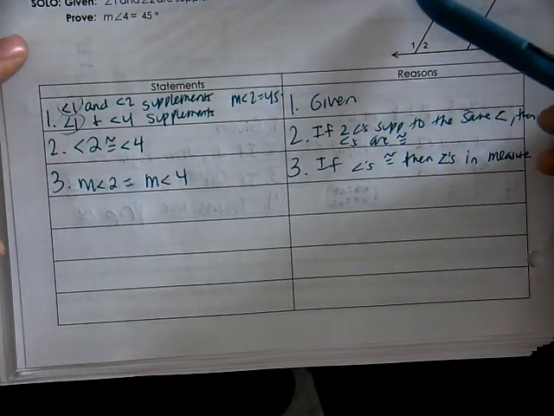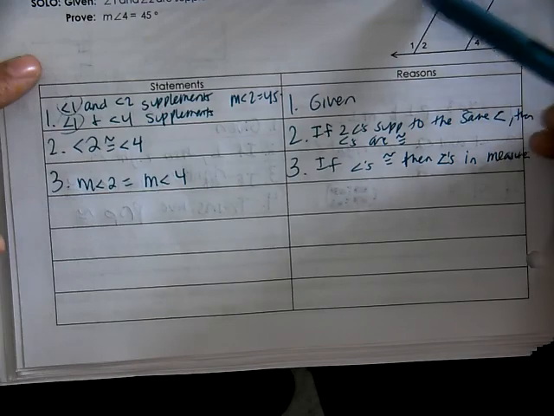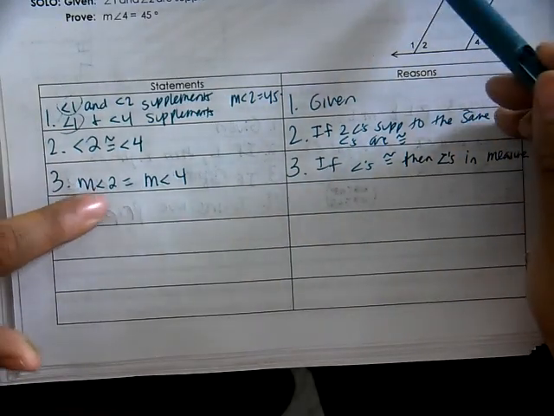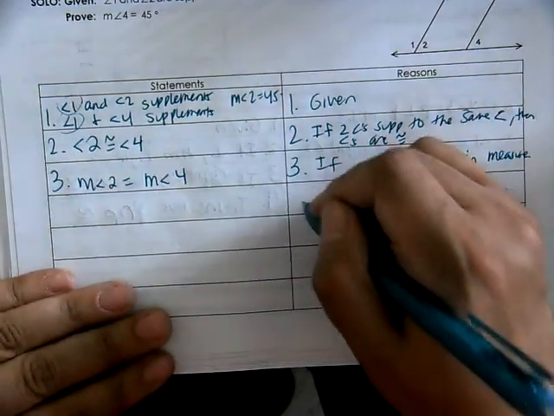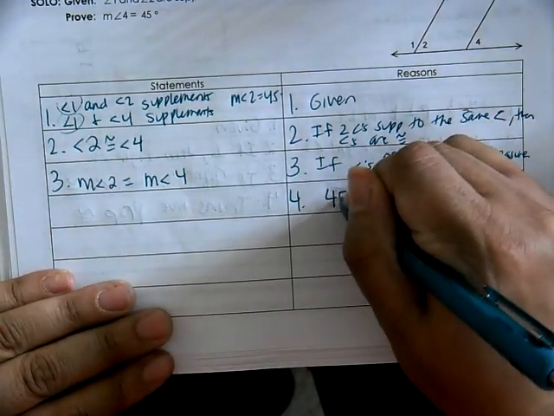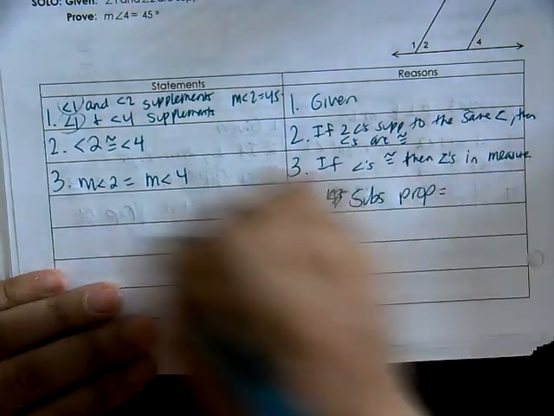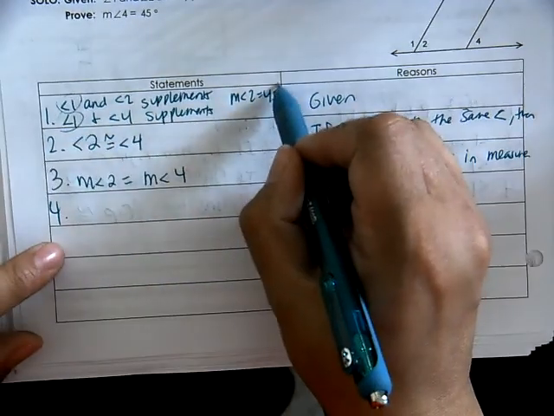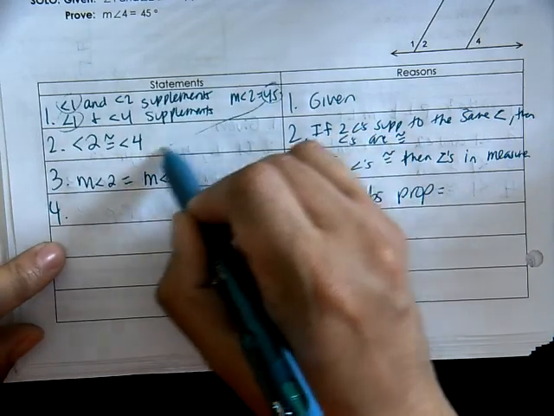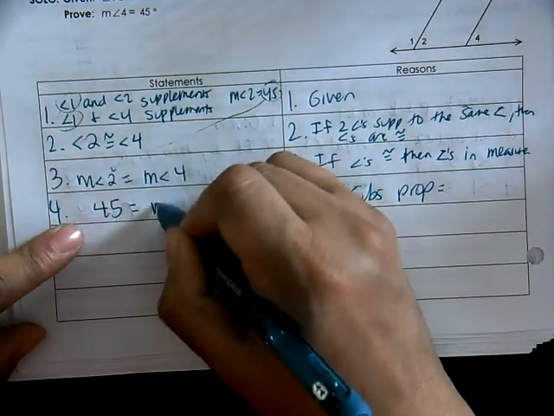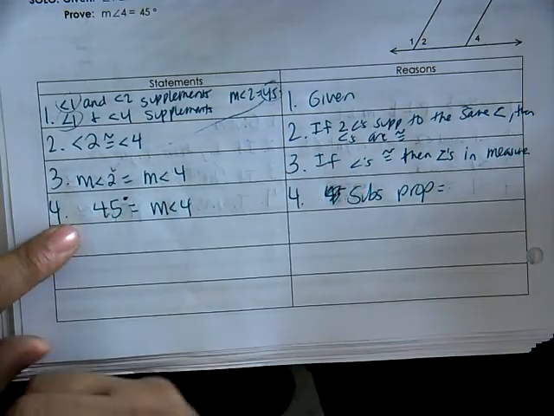Actually, I'm sorry, I can substitute in this 45-degree angle in for measure of angle 2 at this point. So I wrote it in the wrong spot. Substitution property of equality, and substituting this right here, this 45, right in for that measure of angle 2. So 45 equals measure of angle 4, or 45 degrees even.